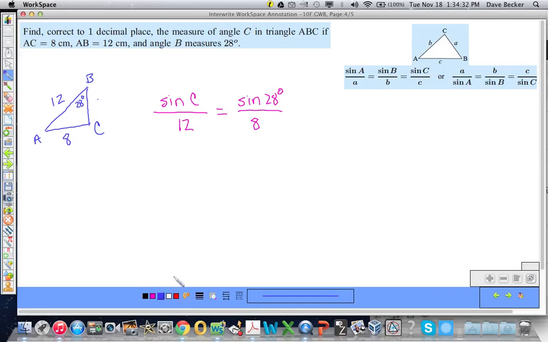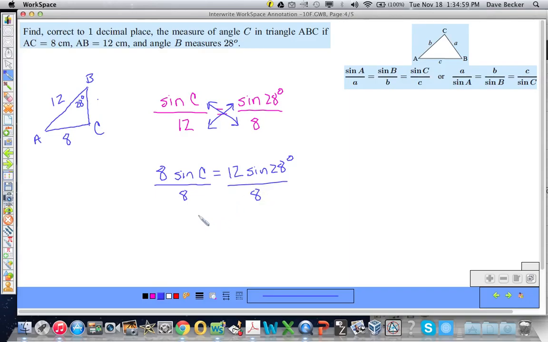So again, I'm going to cross multiply here, and I am going to say that 8 times the sine of C is equal to 12 times the sine of 28. And I'm solving for C, so I'm going to divide both sides by 8.